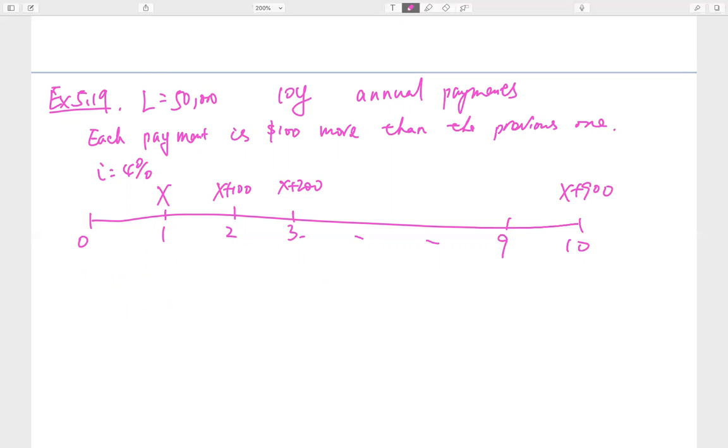Now, I hope by now all of you are comfortable with decomposing. There are two different ways you can do it. One way you can do is to decompose this as X minus 100.